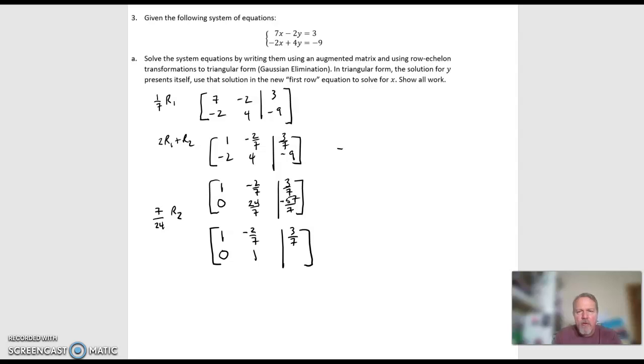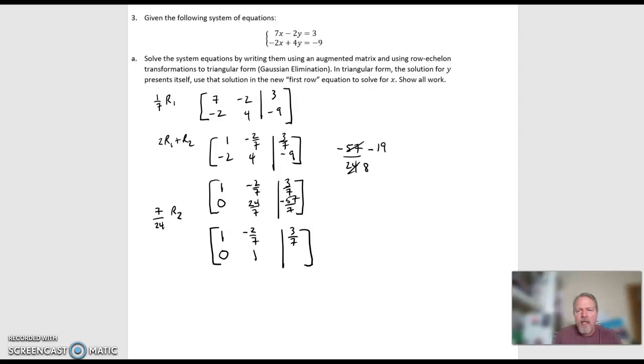I'm left with -57/24. Let's just write that over here for a second. 7 plus 5 is 12. Since 12 is divisible by 3, I know 57 is divisible by 3. And 24 is obviously divisible by 3. So I can divide 3 into both of these. 3 goes into 24 8 times. 3 goes into 57 19 times.